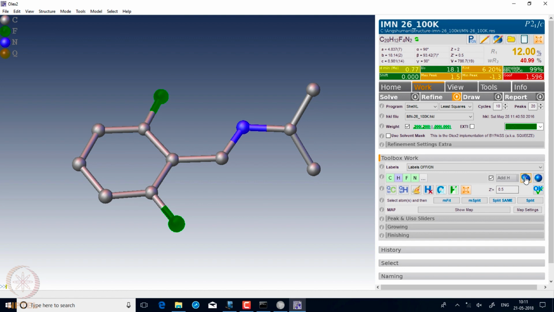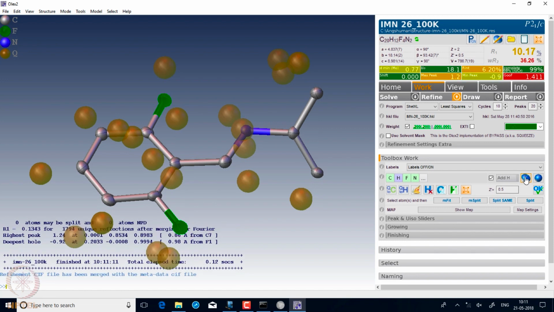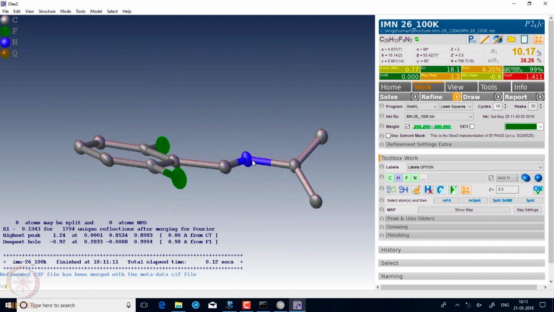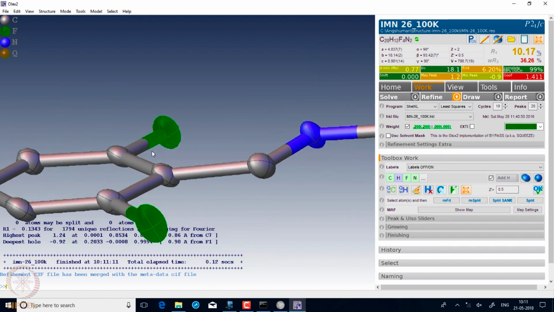What does it do? On clicking on this ellipse option, it allows the atoms to be refined in an anisotropic manner, which means the thermal parameter is no longer spherical but it is refined as an ellipse. And now you can see all the atoms here are no longer spheres, they are now ellipsoids.